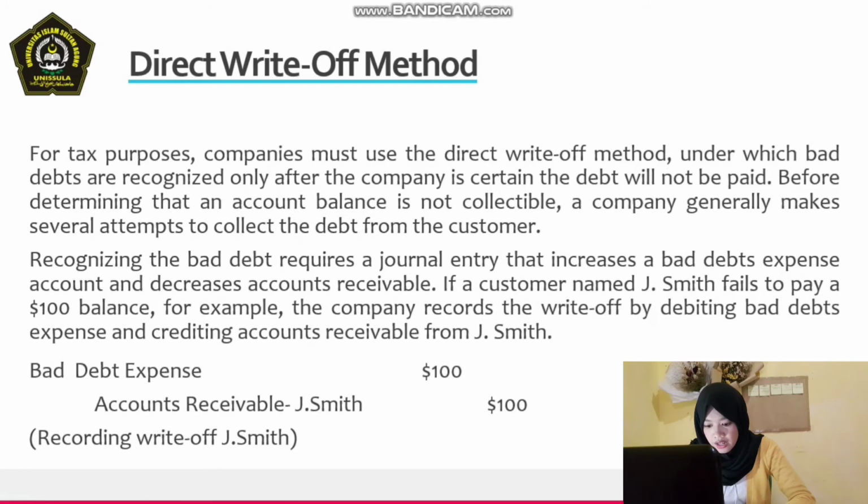Recognizing the bad debts requires a journal entry that increases a bad debts expense account and decreases account receivable. If customer named Jasmine fails to pay a $100 balance, for example, the company records the write-off by debiting bad debts expense and crediting accounts receivable from Jasmine. This is the journal.